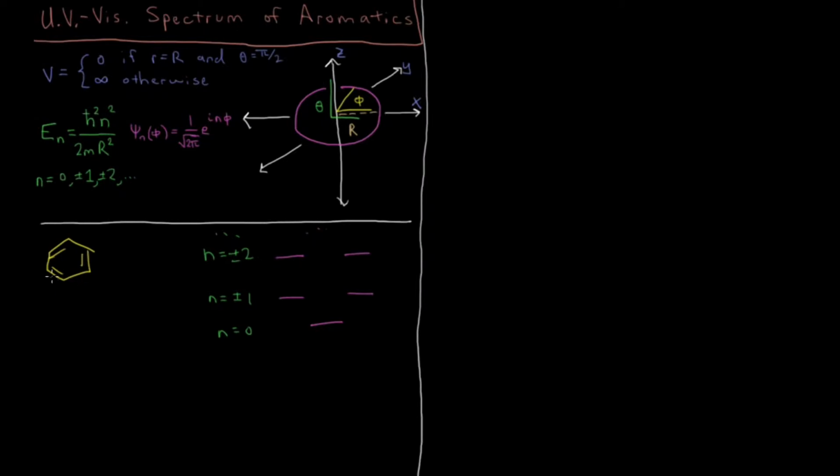Okay, so for benzene, our pi system has 6 electrons. We have 3 pi bonds, thus 6 pi electrons. So we fill them up 1, 2, 3, 4, 5, 6.